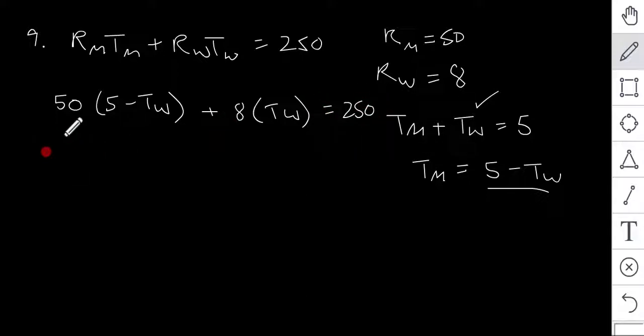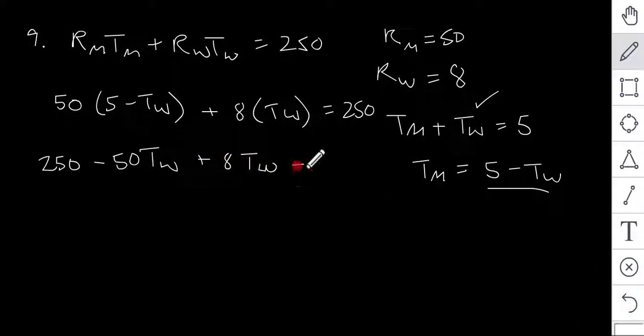Once you plug it all in there, you're going to multiply it through, and you're going to get 250 minus 50 tw plus 8 tw equals 250. Combine your tw's. And I'm going to subtract the 250 to the other side. Oops, there's already a 250 over there, so we're going to get 0.